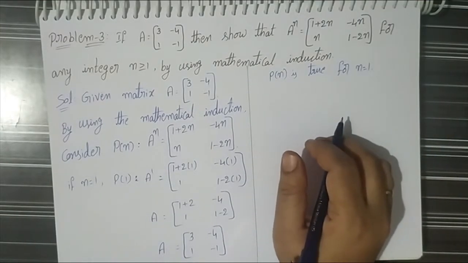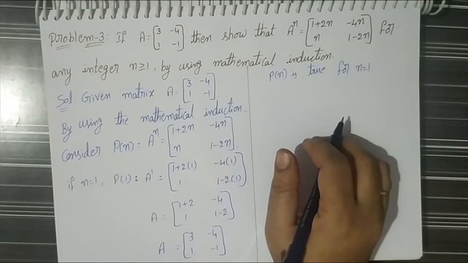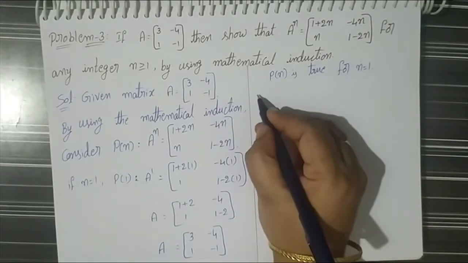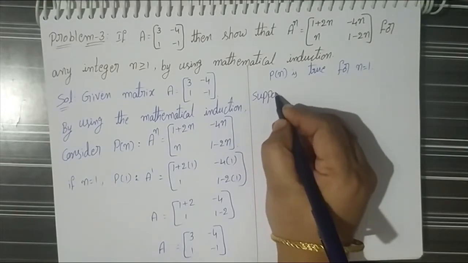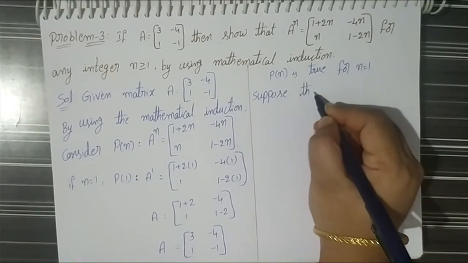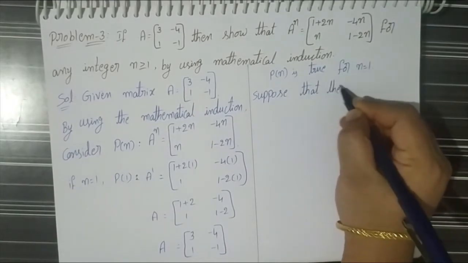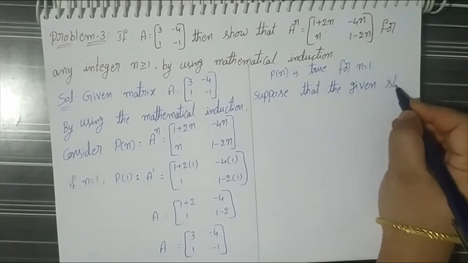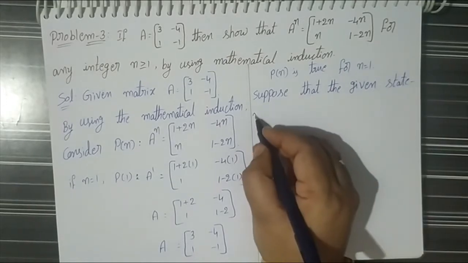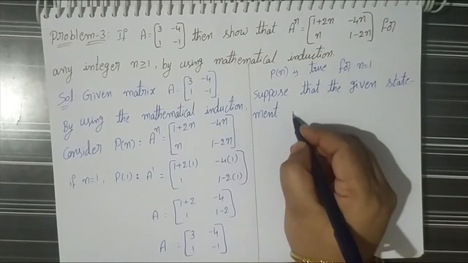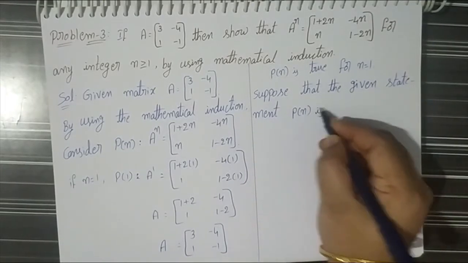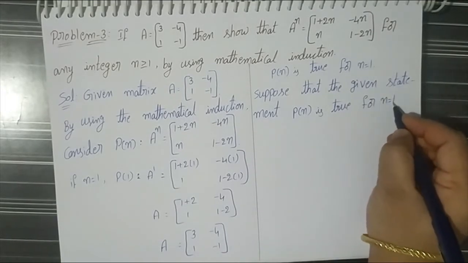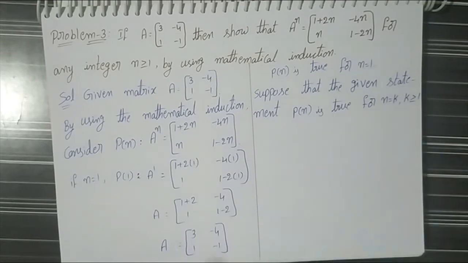Then we can assume that P of n is true for n equal to k. That is, suppose that the given statement P of n is true for n equal to k, where k is greater than or equal to 1.